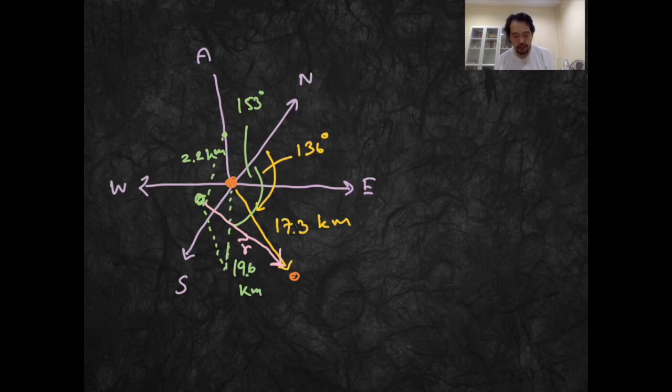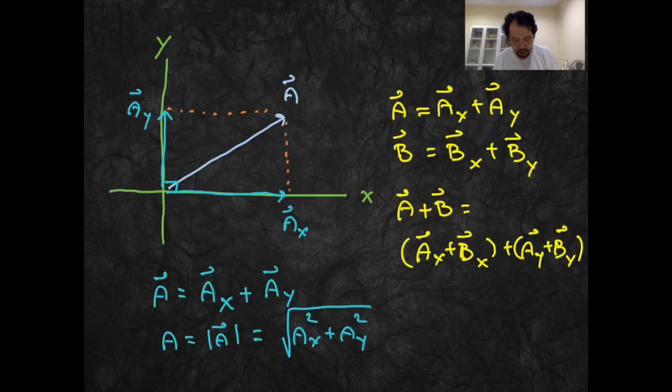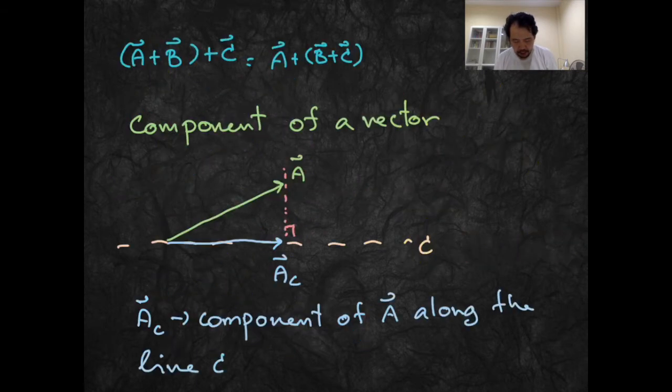I forgot to discuss something. Let's go back to the discussion on the component of the vector. Okay.